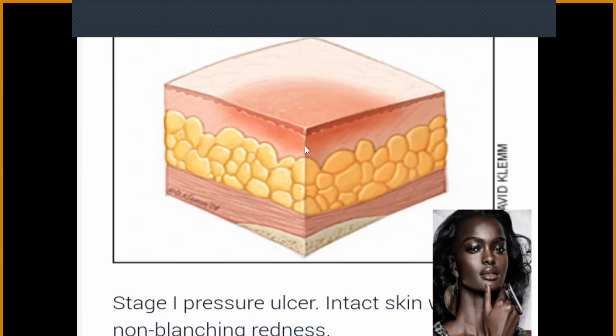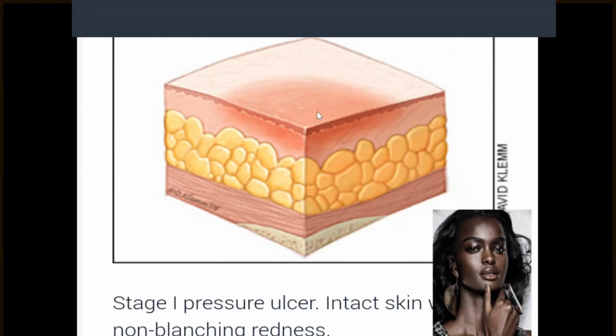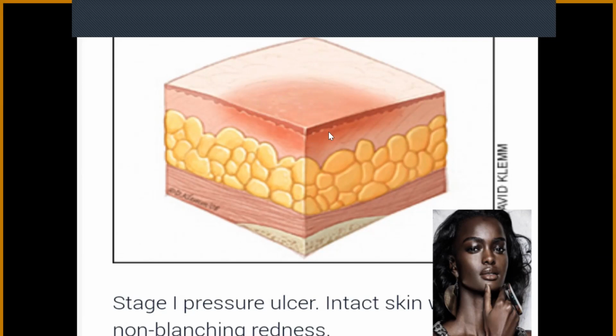Non-blanchable erythema means when you press with your thumb, it will not blanch, it will not change its look from pinkish to pale color, but it is very difficult to see blanchable erythema when a person has a dark complexion.